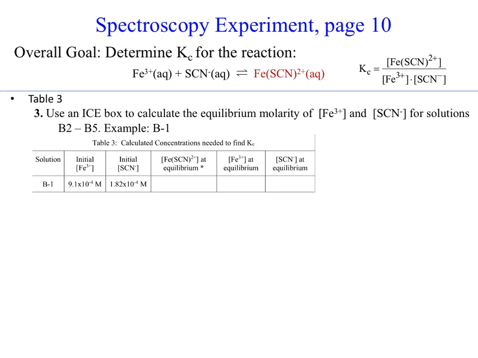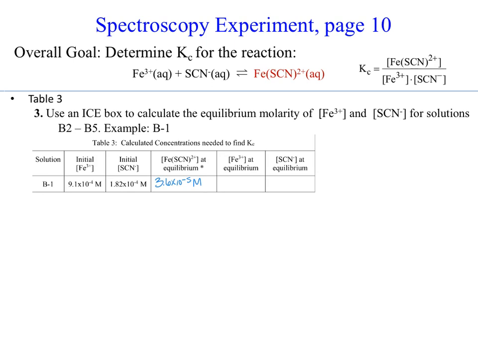We're going to use an ICE box to calculate the equilibrium molarity of my two reactants. I'm going to use example solution B1. You have your own numbers, but the number that I am going to use here is 3.6 times 10 to the negative fifth molarity.